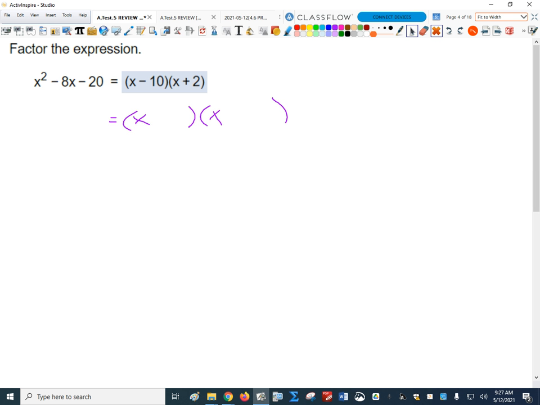How could I know if I got that right? Okay, good. You could do a double check on the magic numbers, but factoring is just the opposite of multiplying. I could just undo it and FOIL all this stuff out, and I should get the original. If you want to check it, that's an easy way to do it.